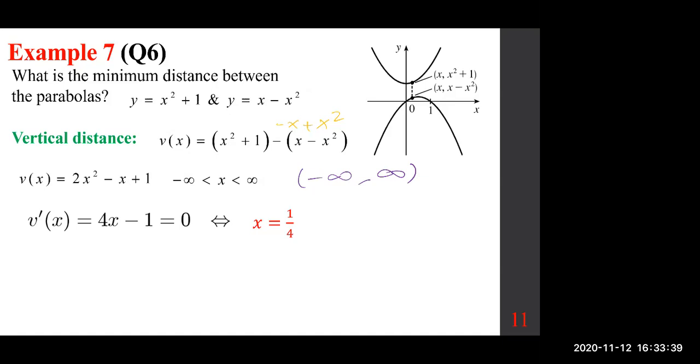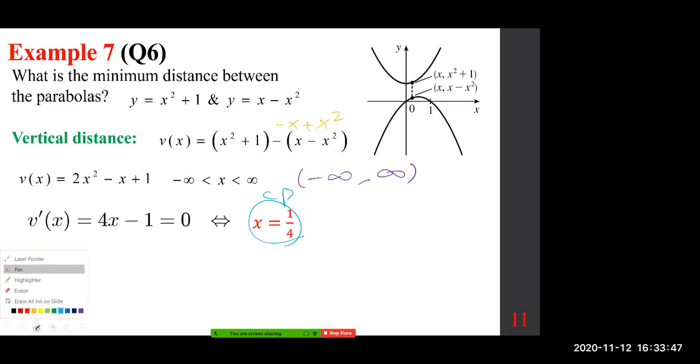We don't know if this is going to maximize or minimize. This is simply a critical point, everybody. And so V double prime is 4, which is positive, makes it concave up, and therefore the minimum occurs when x is 1/4.